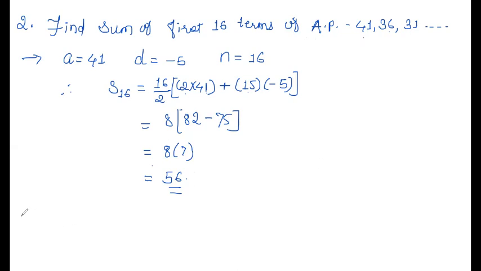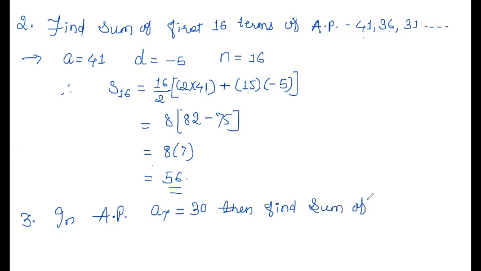Now going for the next, third example. In an arithmetic progression, the seventh term A7 is equal to 30. Then find the sum of first 13 terms of that arithmetic progression.